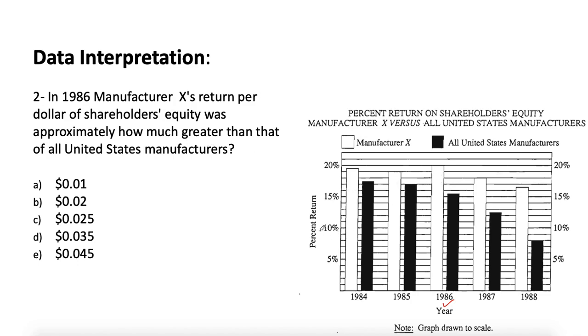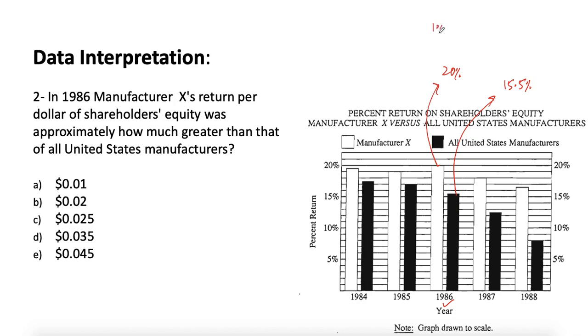The percent return of manufacturer X is equal to 20%, and this is equal to around 15 to 15.5%. The question asks for return per dollar.